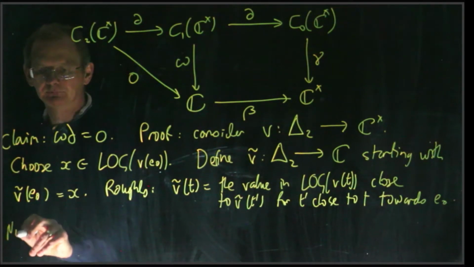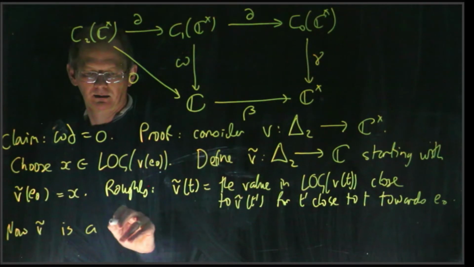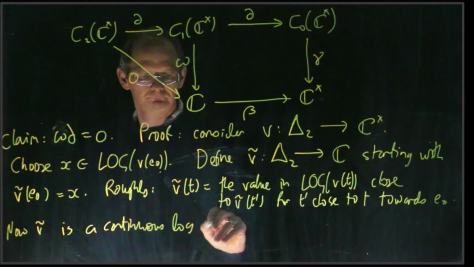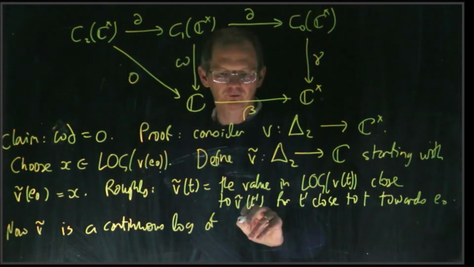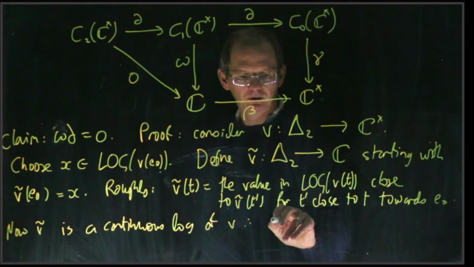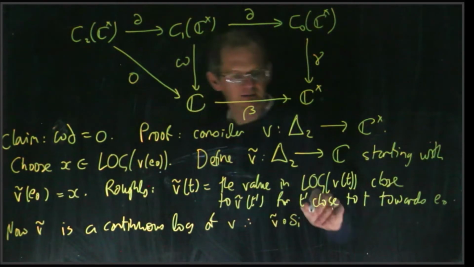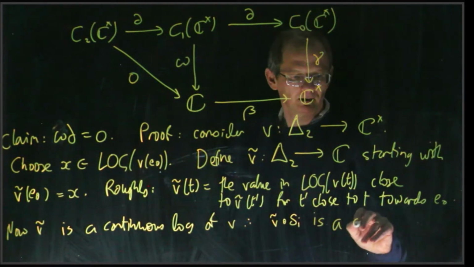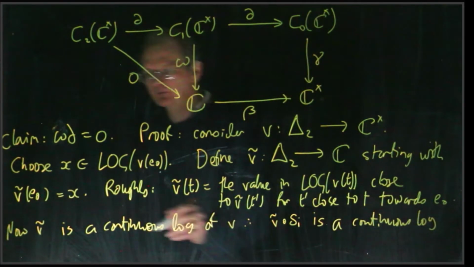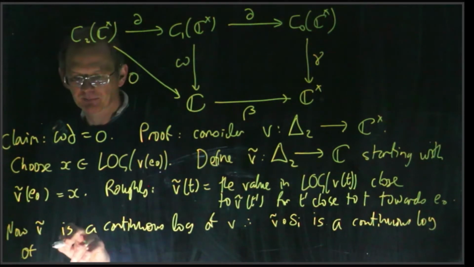So now v tilde is a continuous logarithm of v in an obvious sense, and therefore v tilde composed with delta i is a continuous log of v composed with delta i.